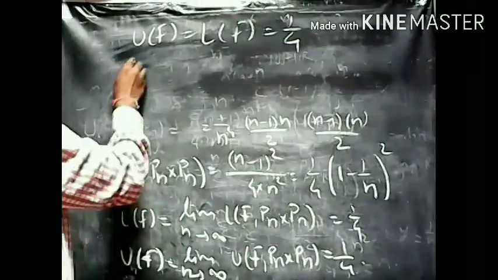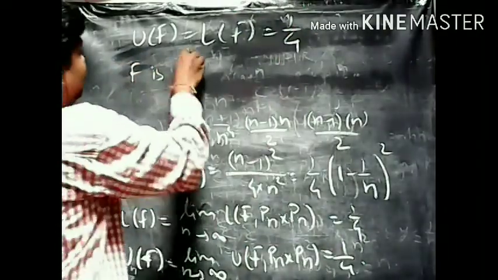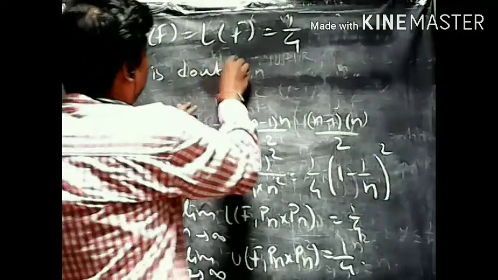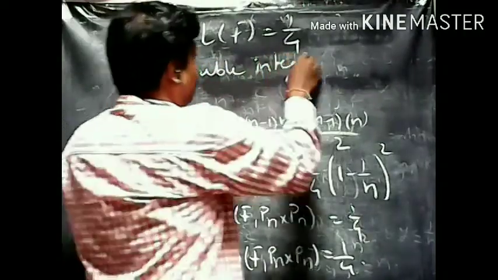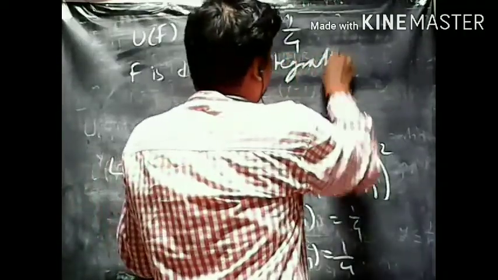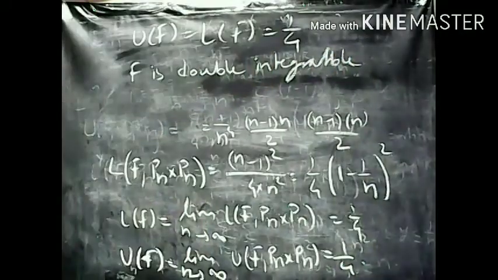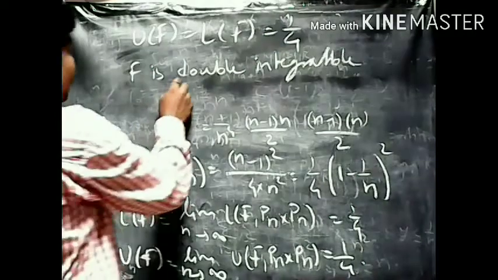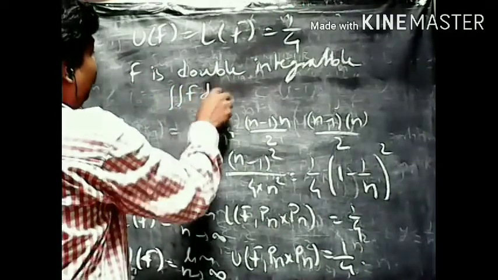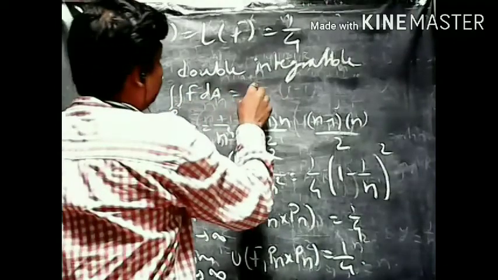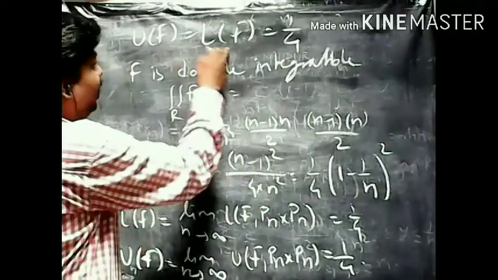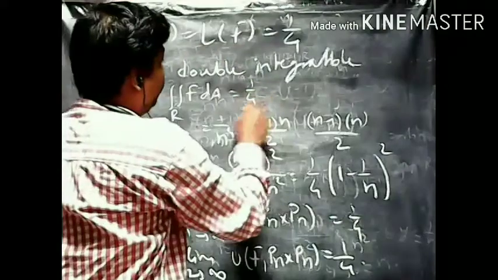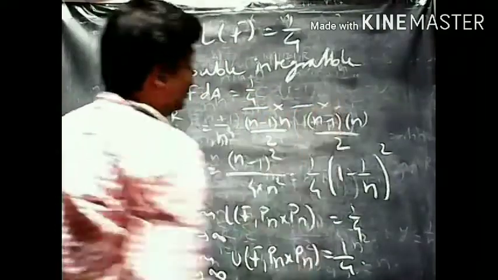So by definition, f is double integrable, and the double integral of f dA over R is the common value of U(f) and L(f), that is equal to 1 by 4. That completes the example.